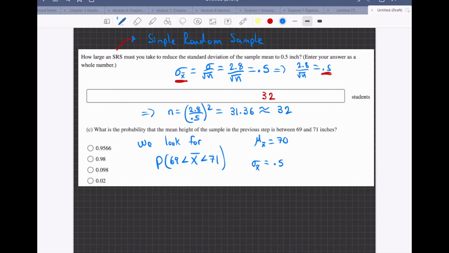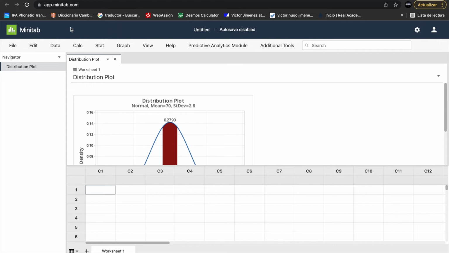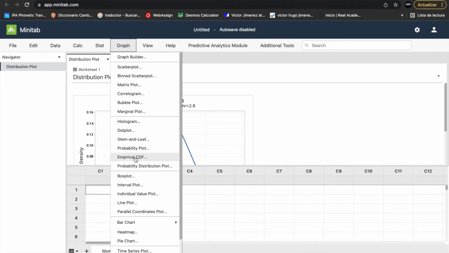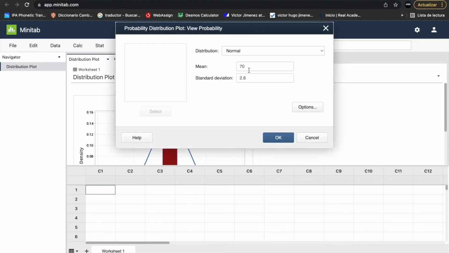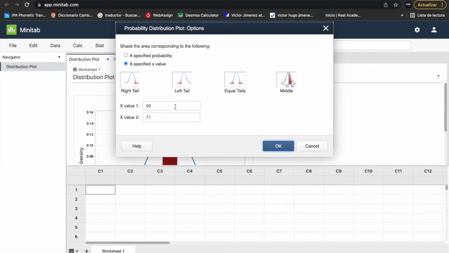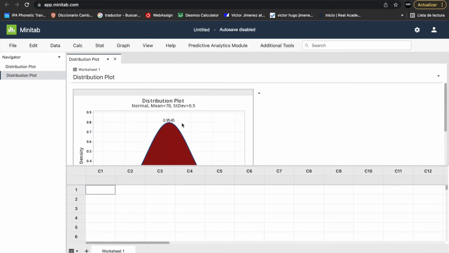So once you have this, you will have to go to Minitab and treat this as if this were a common normal distribution, right? So go to graph, probability distribution plot, view probability, okay. Mean 70, but now change the standard deviation to 0.5. Options, the same values, 69 and 71, okay, okay.